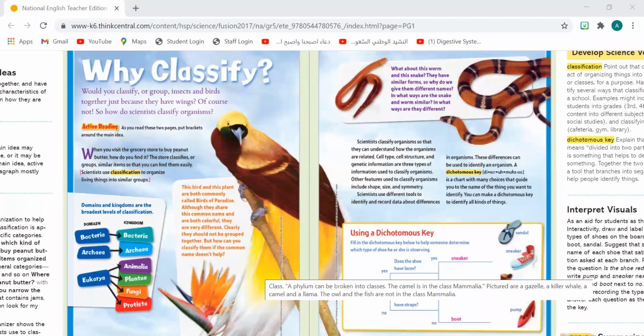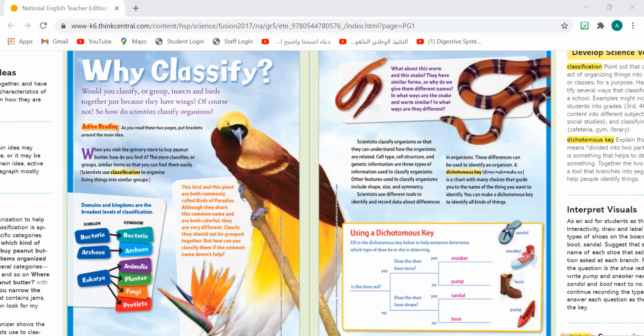Camels belong to the family Camelidae. All these words, guys, are Latin words, but they are easy to understand and easy to learn. It's similar to English. Then after a family comes a genus, then a species.